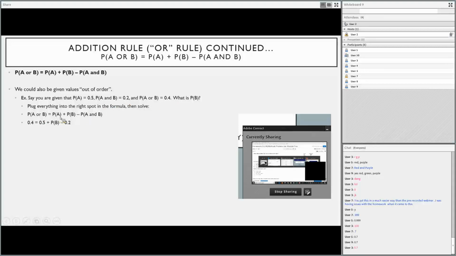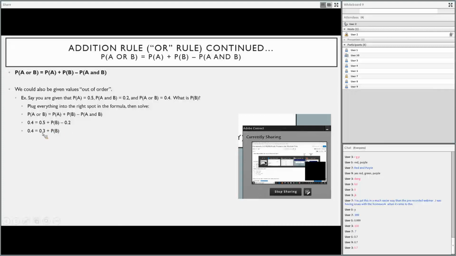So the probability of A or B was given here. It was 0.4, so I plug that in on the left-hand side. The probability of A was given as 0.5, so I plug that in here. Now I wasn't given the probability of B. That's what I'm supposed to solve for, so I leave that as it is for the moment. The probability of A and B was given to be 0.2, so we plug it in right here.